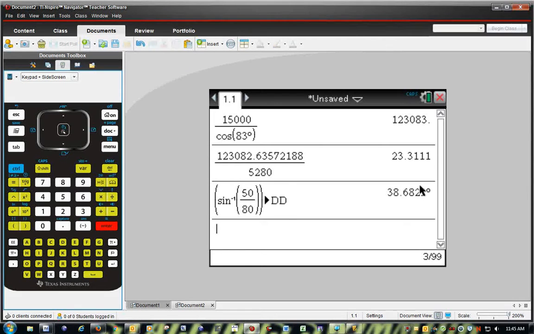Now, the instructions said go to the nearest tenth. But first off, typing it into the calculator, since our calculators are in radian mode and we're going to keep them in radian mode, we have to put this DD there. So I'll do it one more time for you.